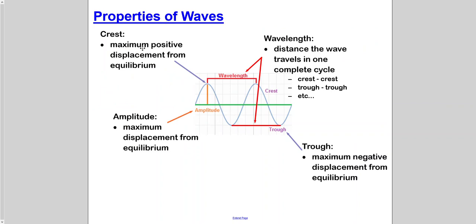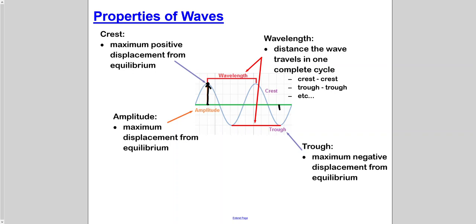First thing that waves have is crests and troughs. Since this wave pattern is created by an object going through simple harmonic motion, and simple harmonic motion has amplitude, the distance from equilibrium to its maximum displacement, waves have amplitude too. The term we use to describe the maximum positive displacement above equilibrium is the crest.